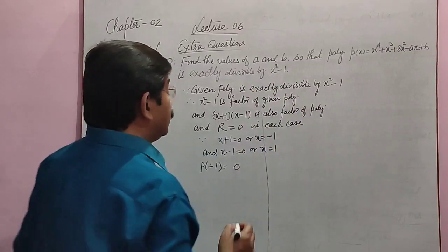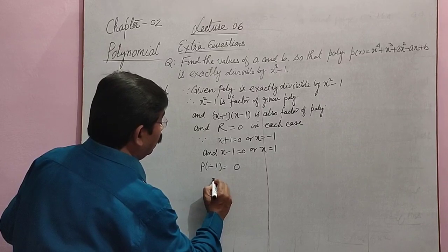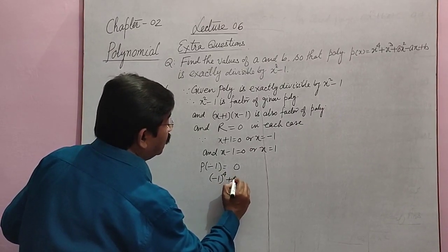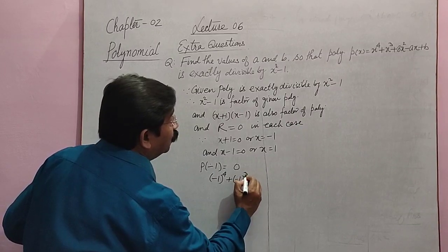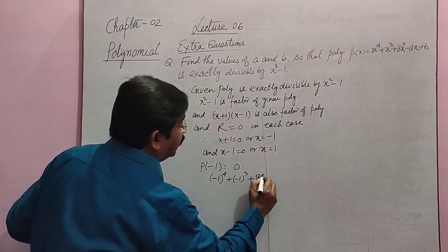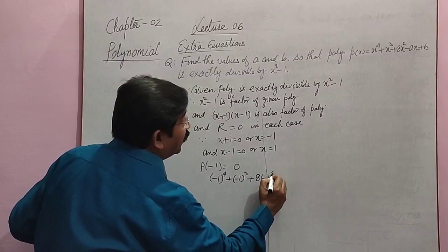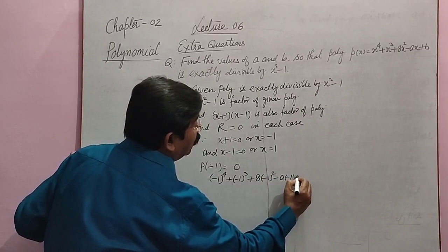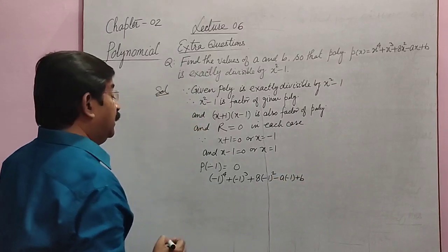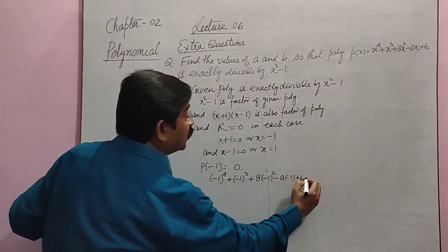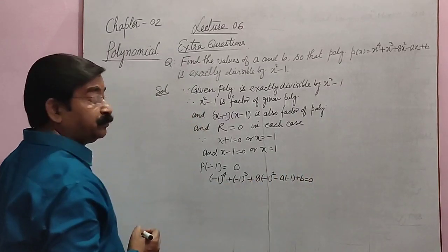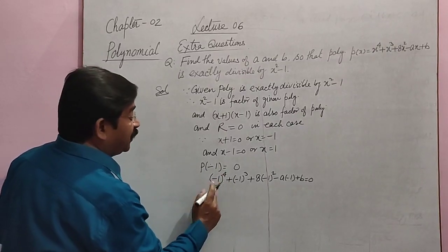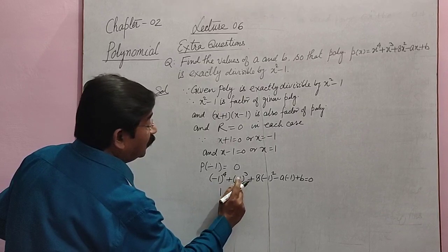I am writing this. See, (minus 1) to the power 4 plus (minus 1) cube plus 8 into (minus 1) square minus a into (minus 1) plus b is equal to 0. What we have? Minus 1 to the power 4, power is even, so it is positive 1.